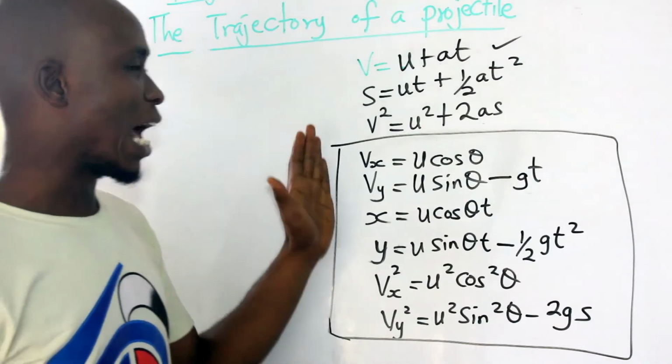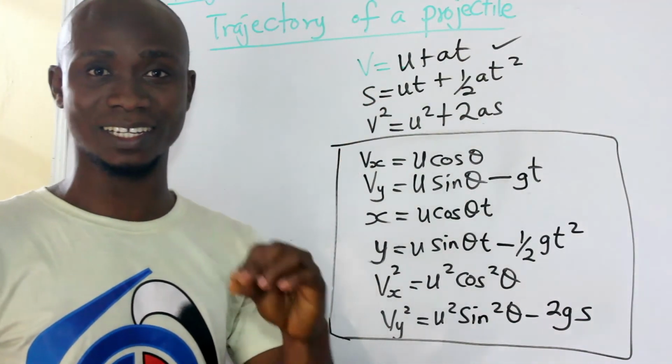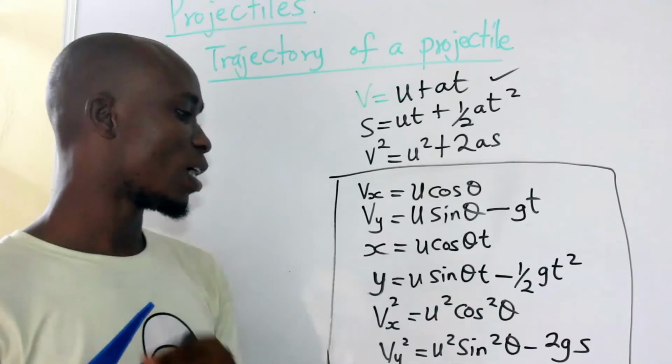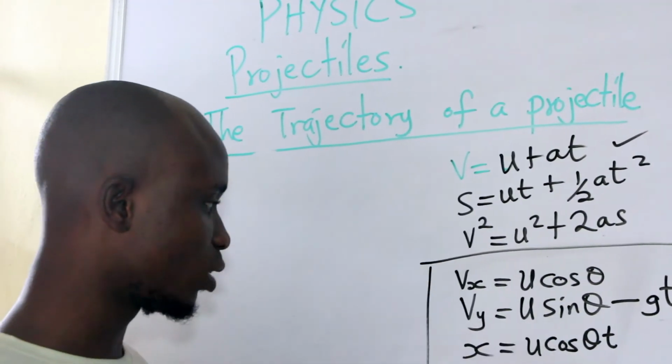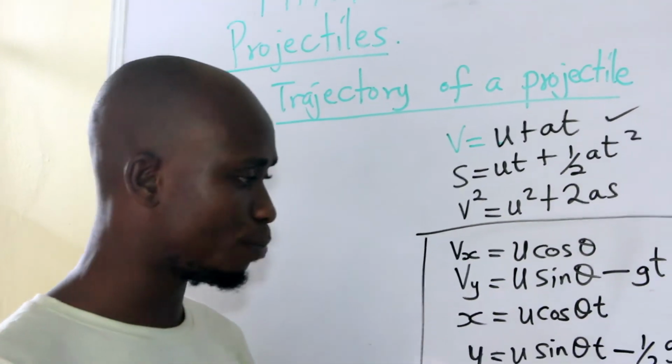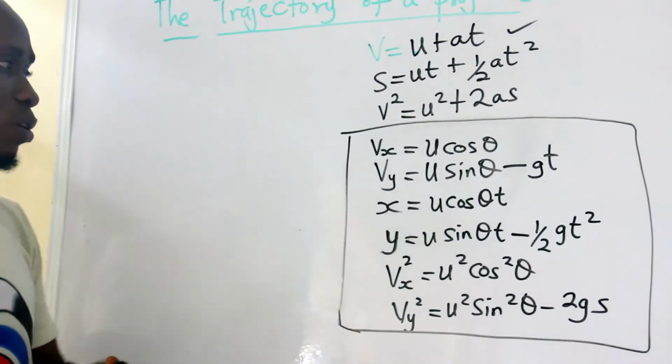So I want to show that the trajectory of a projectile is a parabola. Now, here we go. We are going to do our derivation using 2 of these equations. Very simple and straightforward. I'm starting with this equation.